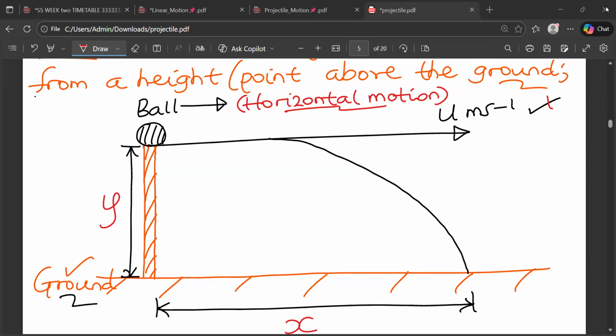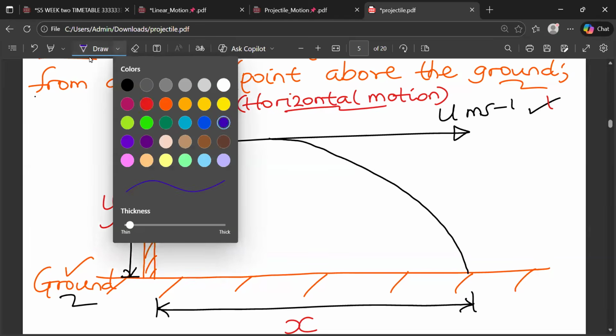I want you to understand that. When they say vertically upwards, it is against gravity, so g is negative. Vertically downwards, it is under gravity, so g is positive. In the horizontal plane, gravity cannot act, so a is zero.